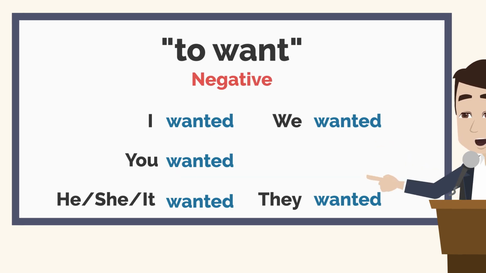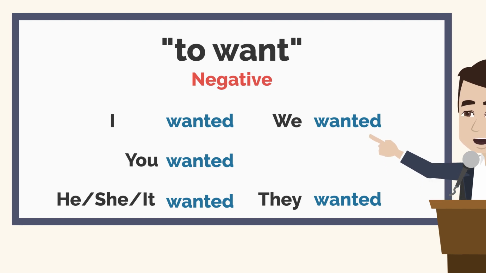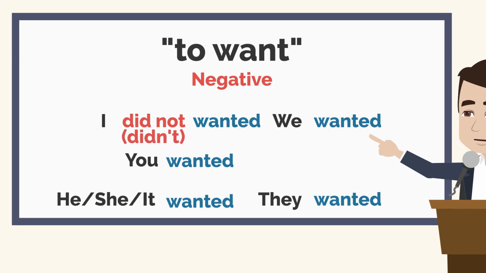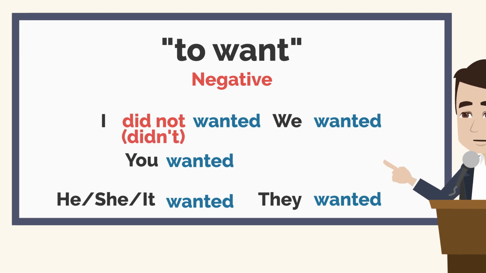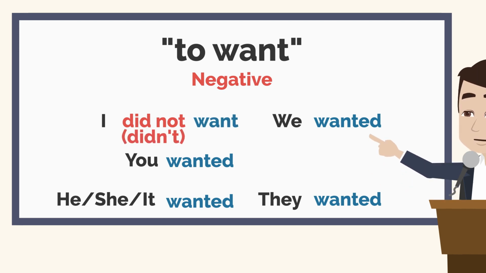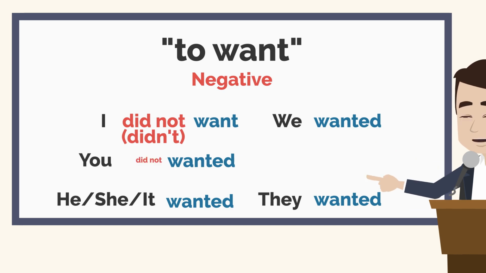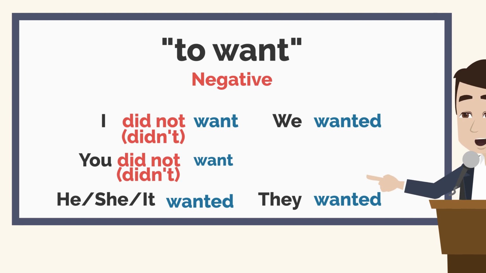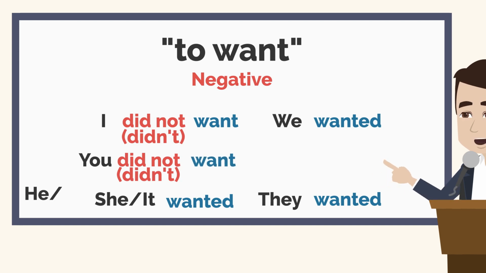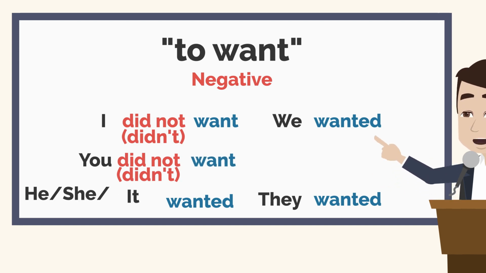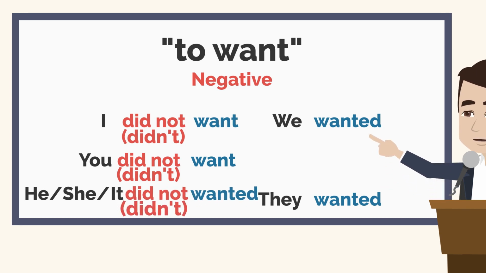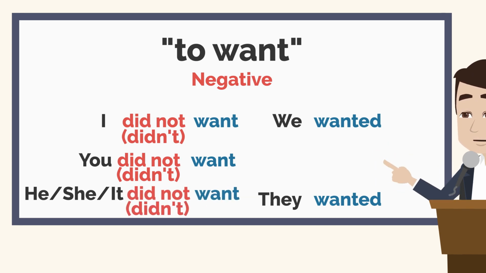The negative conjugation for the past simple is I did not or didn't, if you want to use a contraction, want. You did not or didn't want. He, she, it did not or didn't want.